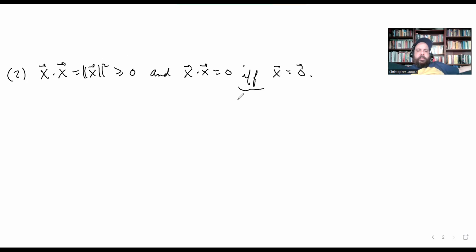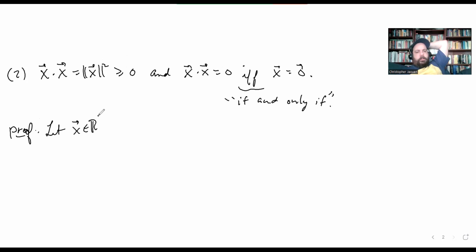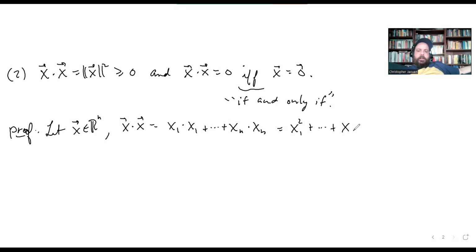If you're not familiar, iff stands for if and only if. All right, so proof: let x be a vector in R^n. Take x dot x. This is x1 times x1 all the way up to xn times xn, which is x1 squared all the way up to xn squared.